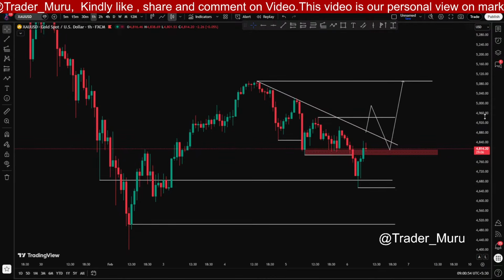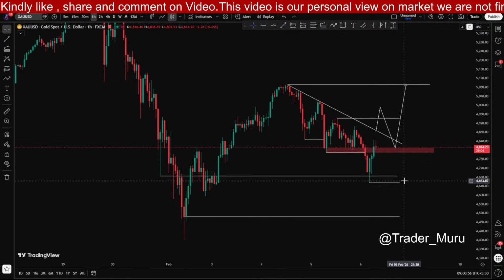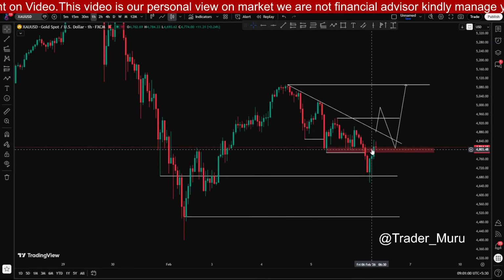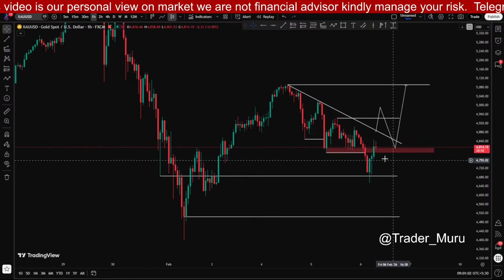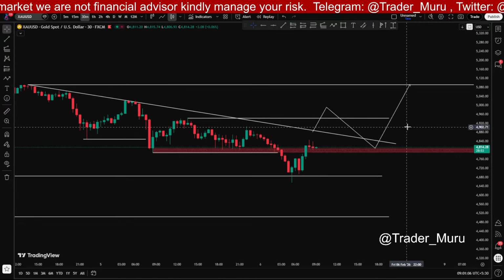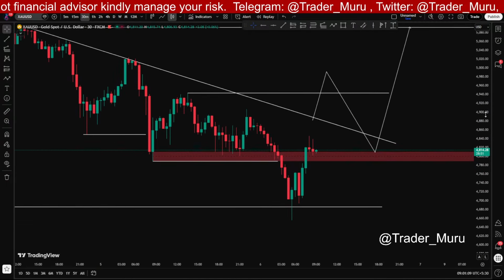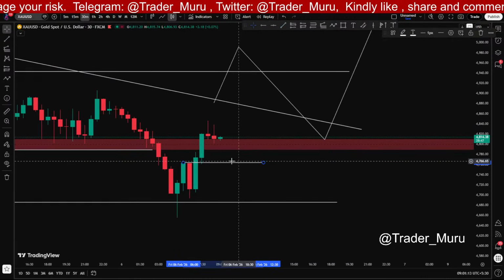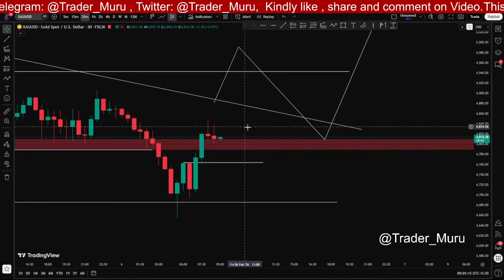So this is gold right now. It has already tested a QML area and it is bouncing from it. If you want to go long over here, then you should be watching in the 15-minute time frame to have a wick to this zone here. Then again pump.